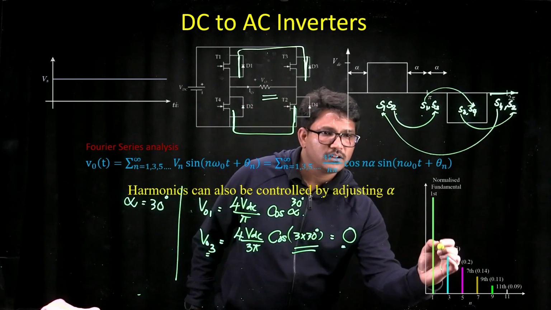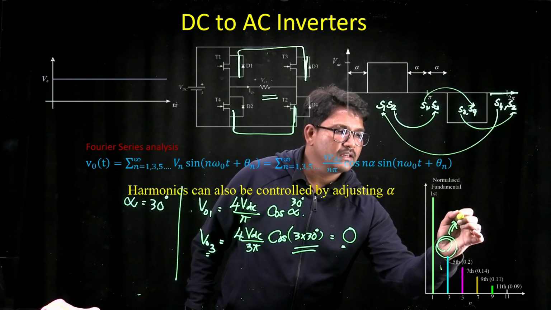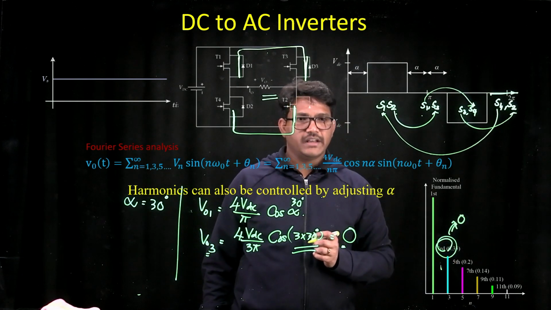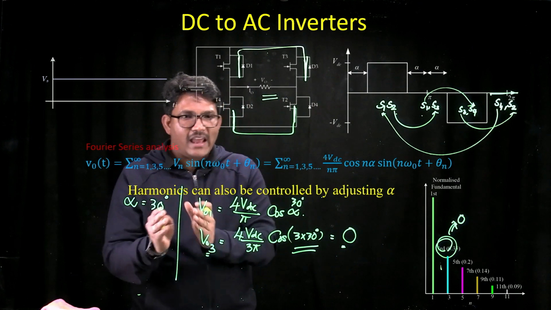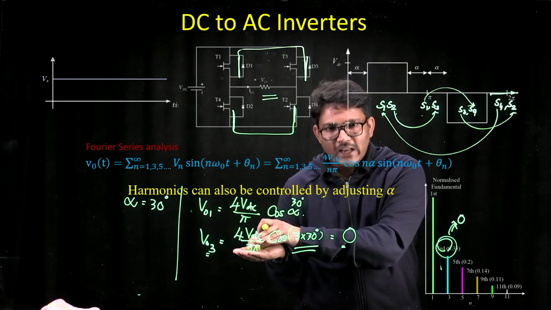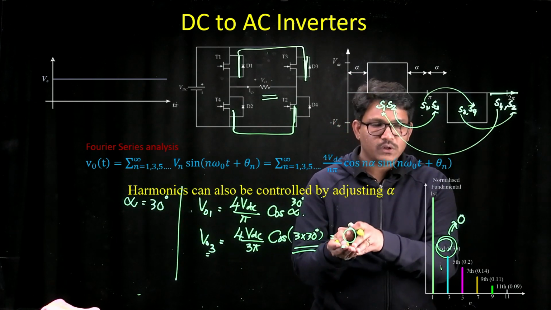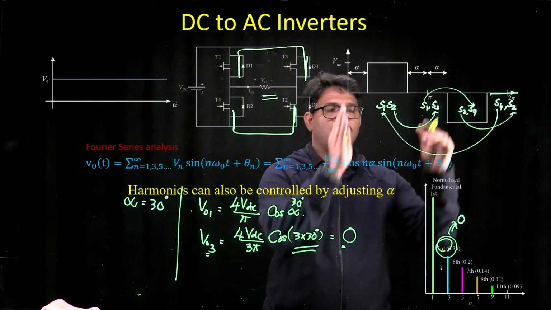Here, compared to the previous case, the value of the third order harmonics is becoming 0. So by following this switching sequence and selecting the value of alpha as 30 degrees, you will get the peak value of the third order harmonic to be equal to 0. In a way, you are eliminating the third order harmonics in your output voltage.